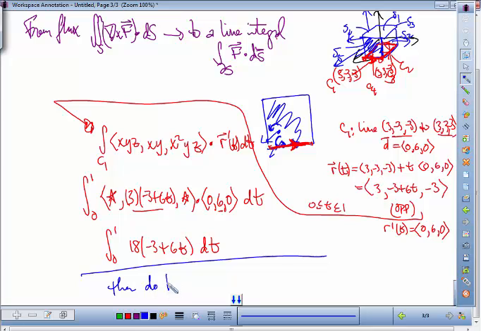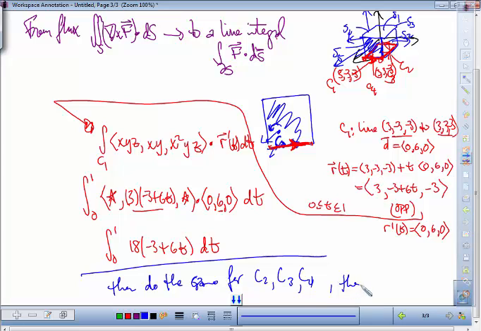Then do the same for C2, C3, C4, then add. Okay, now, I don't want to do it that way.